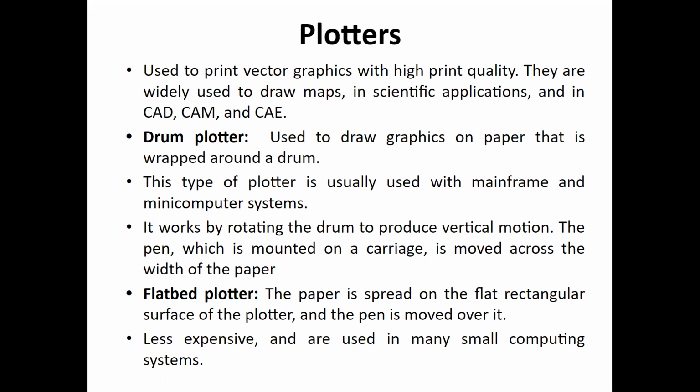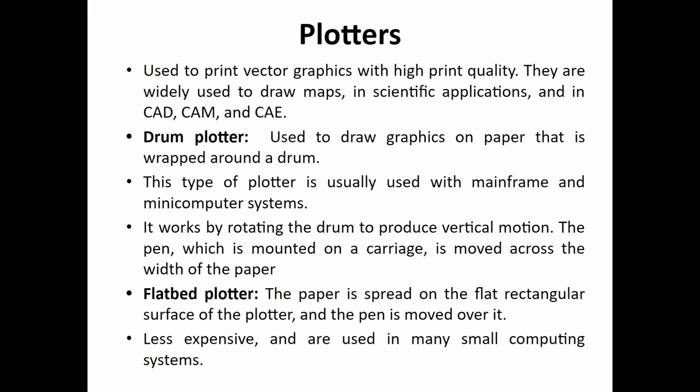See, now there are two types. One is the drum plotter, another one is the flatbed plotter. Now what happens in the drum plotter? It consists of a drum. Paper on which the design is made is kept on the drum. The drum can rotate in both directions. The plotter comprises one or more pens and pen holders. The holders are mounted perpendicular to the drum surface.